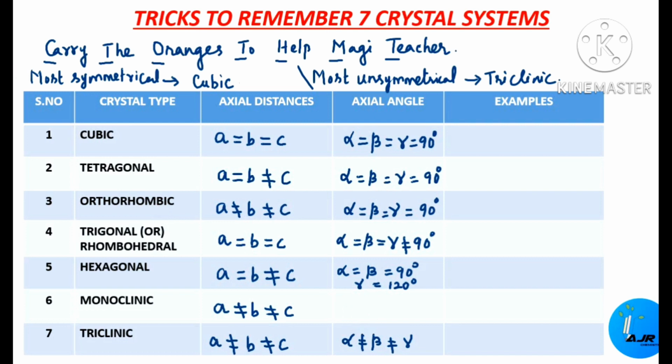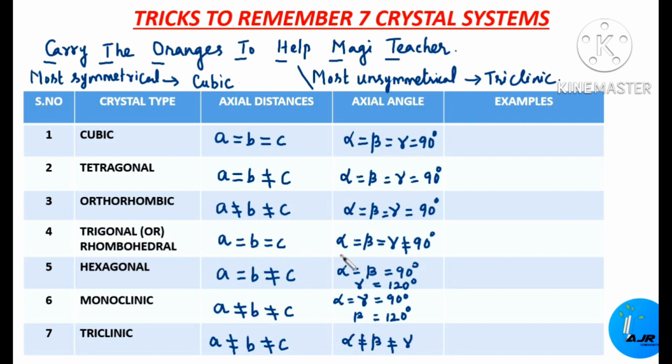Now the last one, that is monoclinic. It is very easy. See, alpha is equal to gamma is equal to 90 degrees here, but beta is equal to 120. Understood? So now this is easy to understand. All the three angles are equal to 90 degrees in the first three sets, and in the last one everything is unequal.